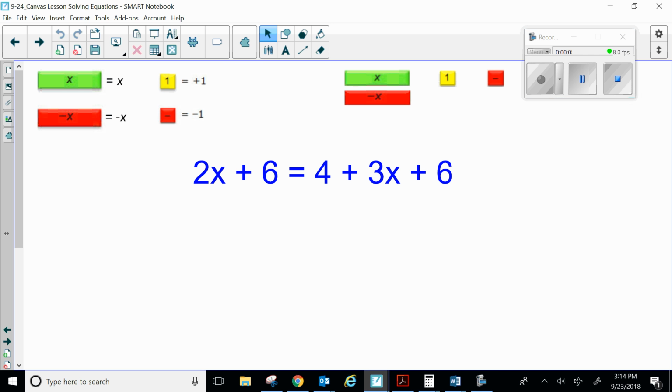Okay, let's do 2x plus 6 equals 4 plus 3x plus 6.